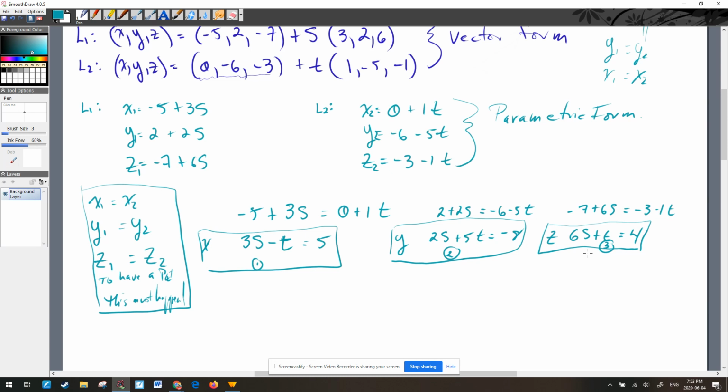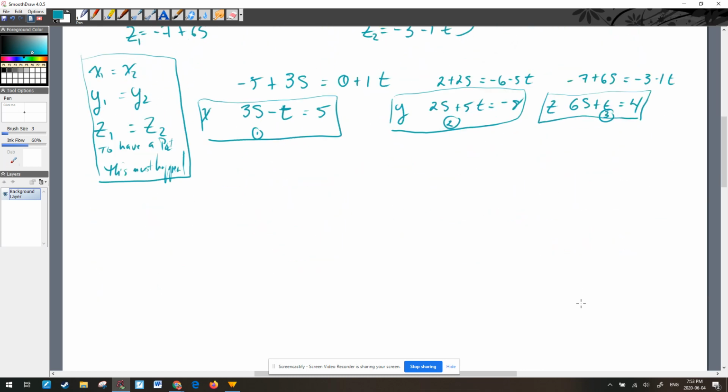So we have a bit of a conundrum here: 3 equations, but only 2 unknowns. Here's our strategy. After we have these equations set up, we are going to choose 2 equations and solve.